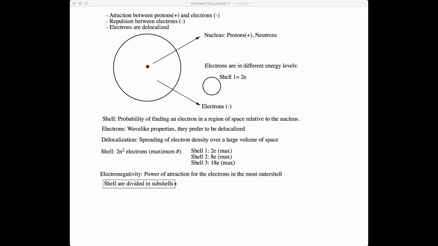In this case, S, P, D, and F. So remember, once again, you can calculate what's the maximum number of electrons that each shell can hold, and then each of these shells is going to be subdivided in subshells. Okay, we're going to call these subshells orbitals.